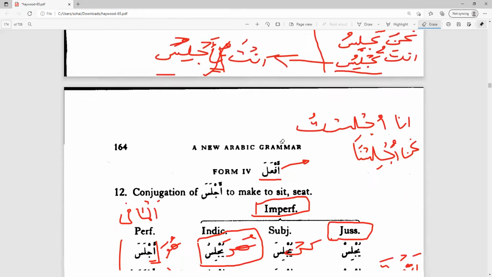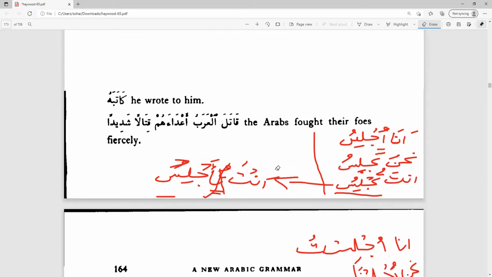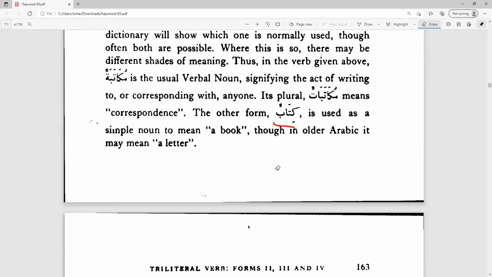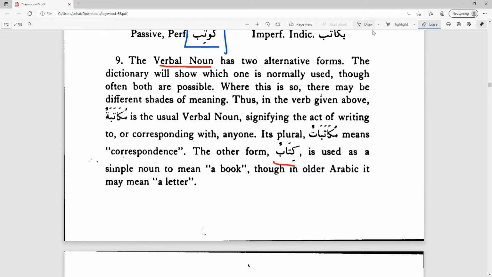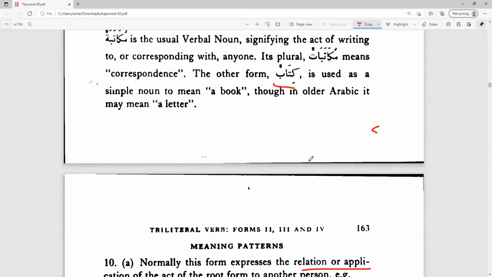I believe the rule was jalasa yajlusu, so it'll be ujlus, no, sorry, it's yajlisu.